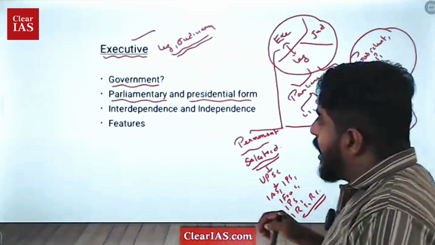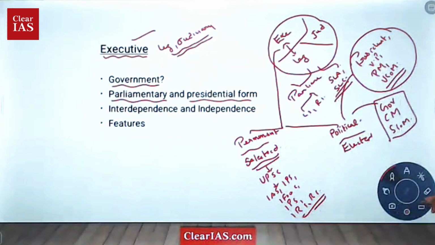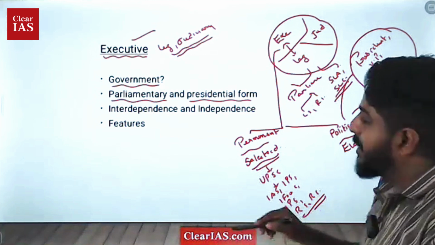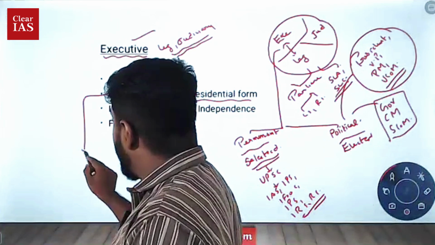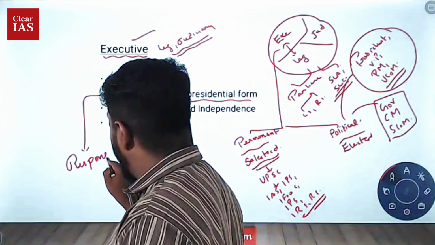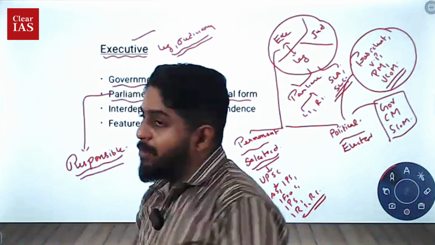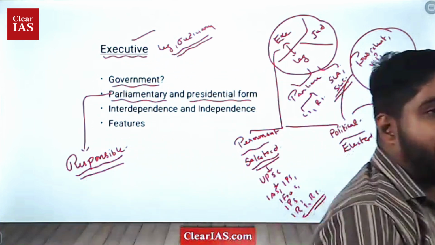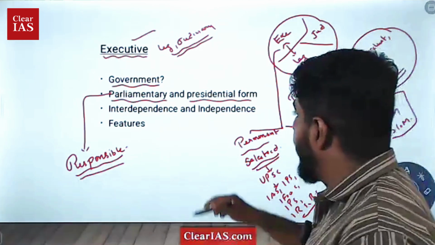Now, we are trying to understand the difference between the parliamentary and the presidential form of government. What is the difference? Sir, the parliamentary form of government means it is a responsible model of government.